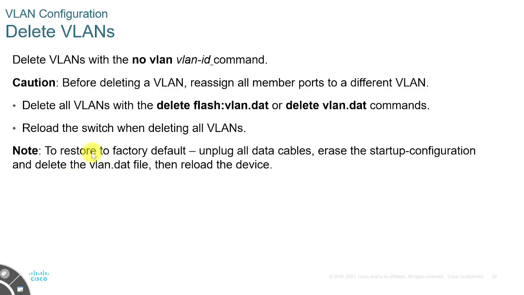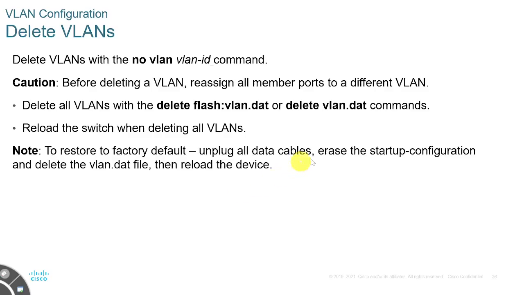So to restore to factory default, this is for real switches: unplug all data cables, erase the startup configuration, delete vlan.dat, then reload the device. This is to restore factory default.